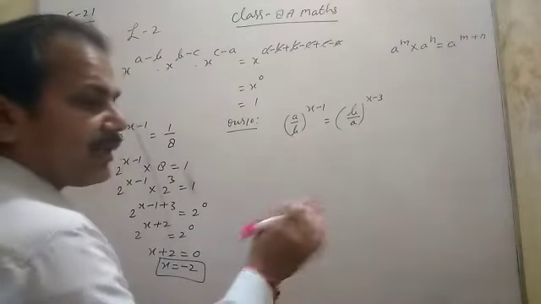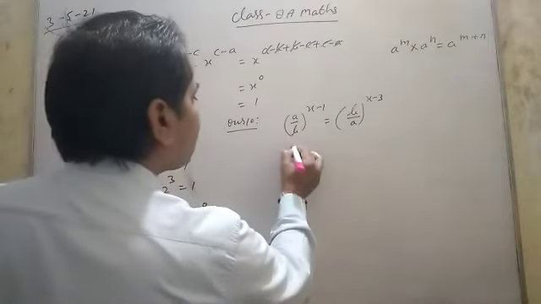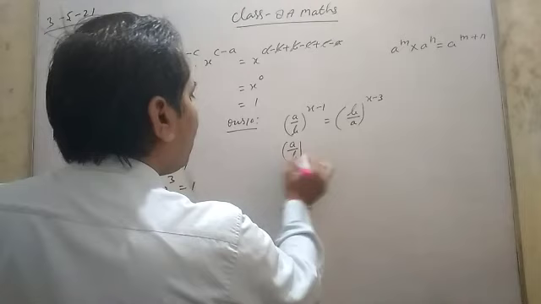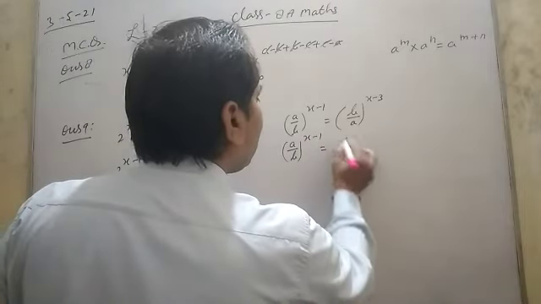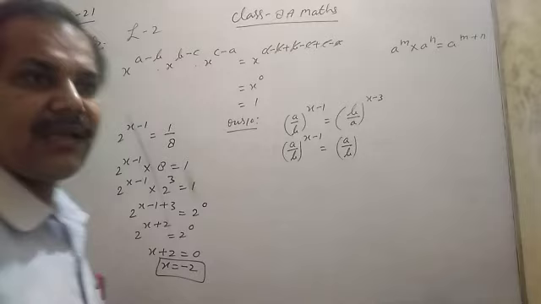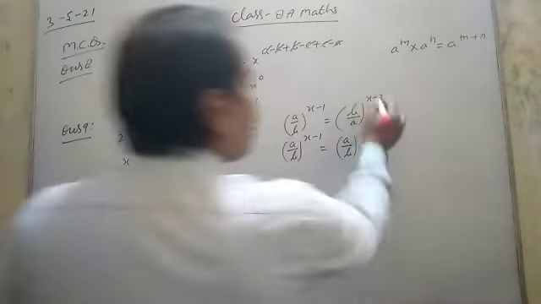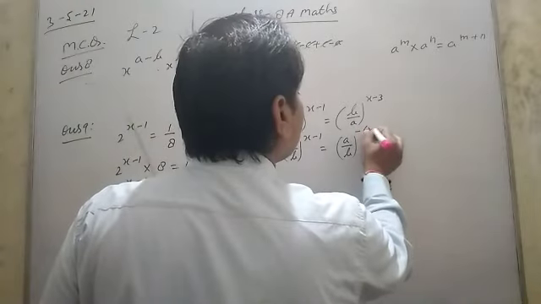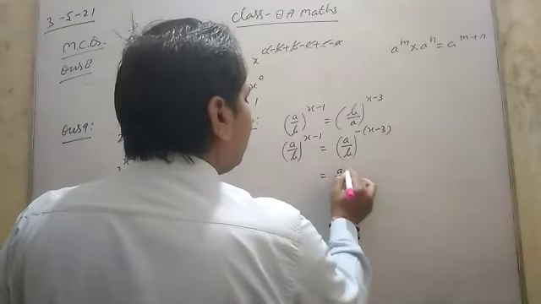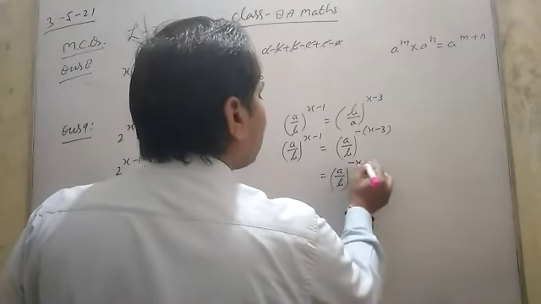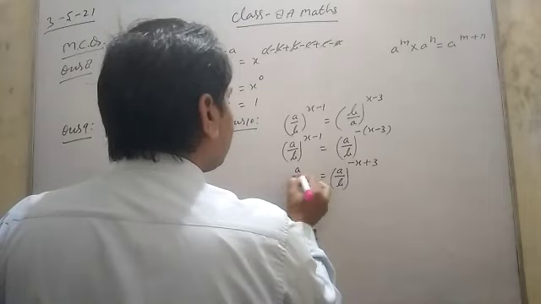Okay, so we cannot compare their powers. So first make bases same. Okay, so if we write a upon b, then their power will be negative. Okay, so a by b power minus x plus 3.